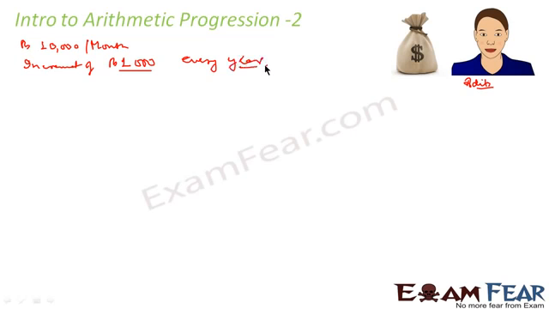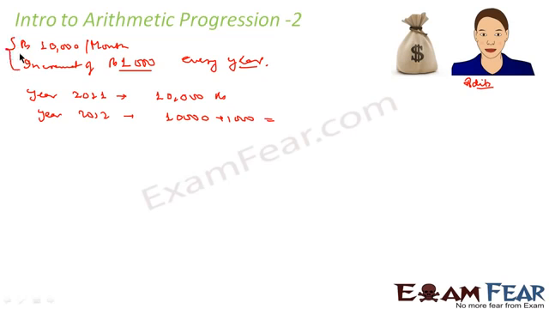Okay. So let's suppose in year 2011 her salary is 10,000 per month. In year 2012 her salary will be how much? 10,000 plus 1,000, because she'll get a 1,000 increment. That is what the deal was.